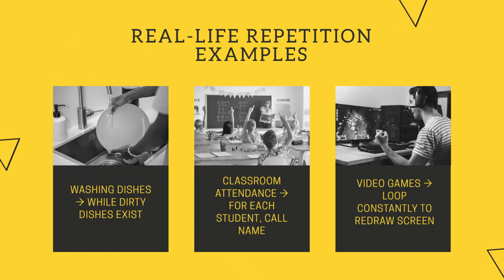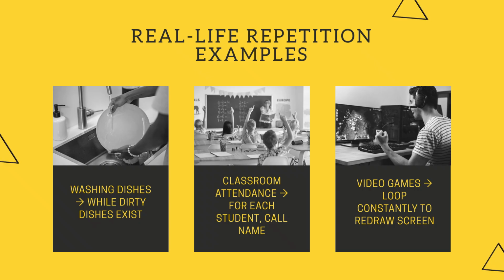Okay, so to better understand this, let me give you a few real world analogies. When you wash dishes, you loop through washing each item repeatedly while dirty dishes continue to exist. As long as dirty dishes exist, you're going to keep washing. In a classroom, when an instructor takes attendance, for each student, the instructor will call the student's name.